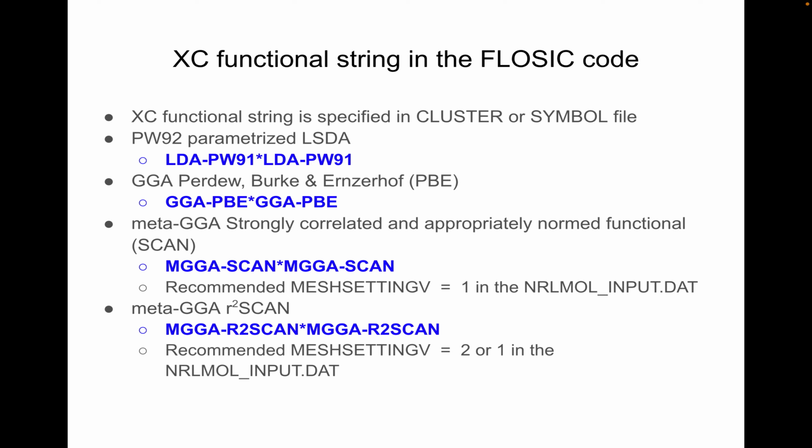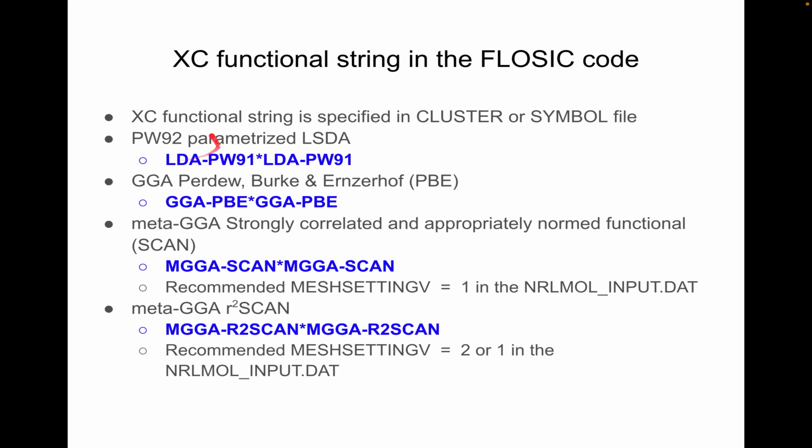To specify the exchange correlation functional in the FLOSIC code input file, you need to translate it to the appropriate string. And you can specify the functional string in either the cluster file or the symbol file.